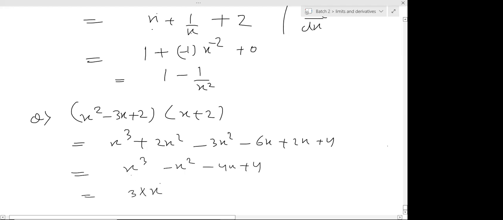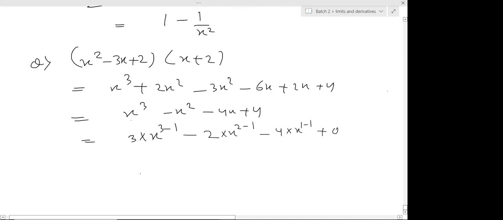So 3 into x raised to the power 3 minus 1 minus 2 into x raised to the power 2 minus 1 minus 4 into x raised to the power 1 minus 1 plus 0. Right? Differentiation of any constant is 0. So this is 3x square minus 2x minus 4. All right, this will be your answer.